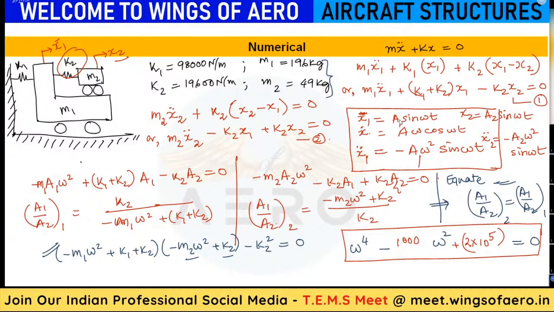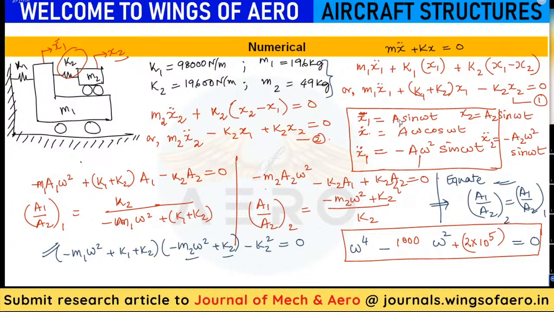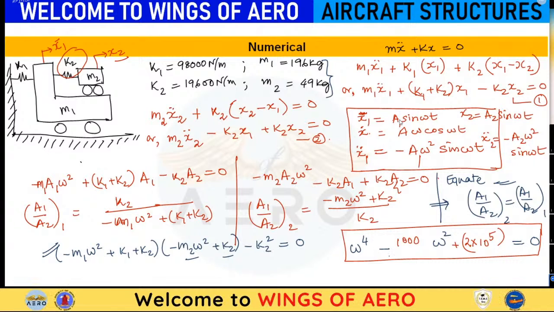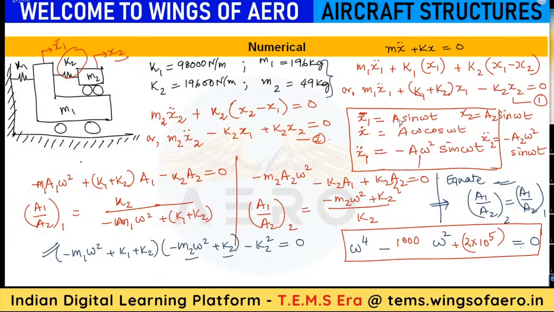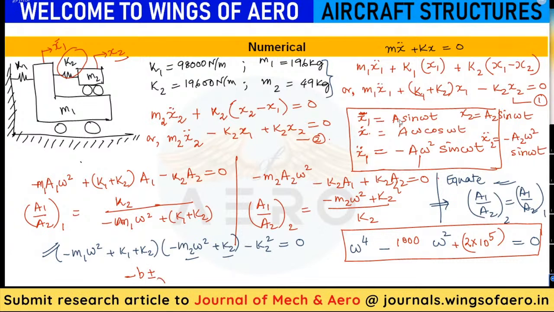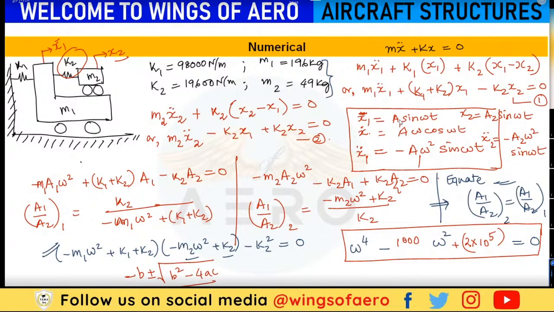Okay, just substitute very carefully, right? Substitute the formula, look into the plus and minus symbol very carefully. Here we have the square terms. When I was solving, I got omega power 4 minus 1000 omega square plus 2 into 10 power 5. Now use the formula, minus b plus and minus root over b square minus 4ac by 2a.